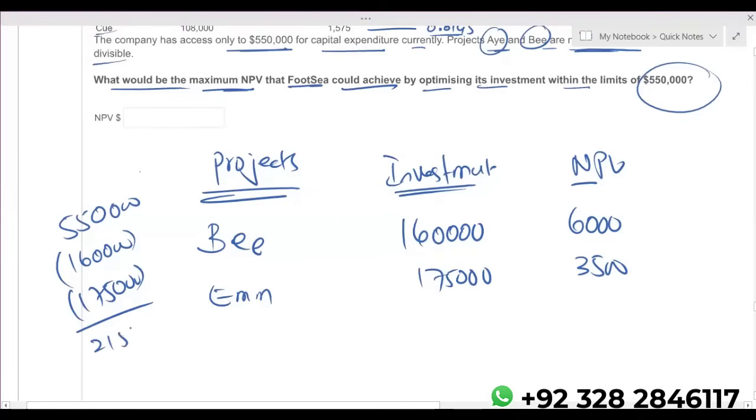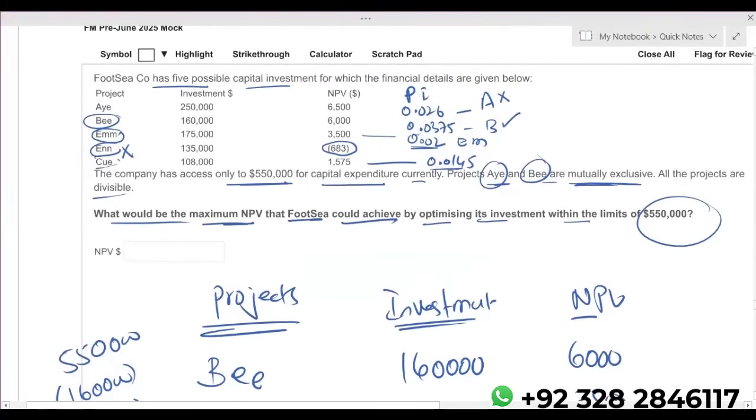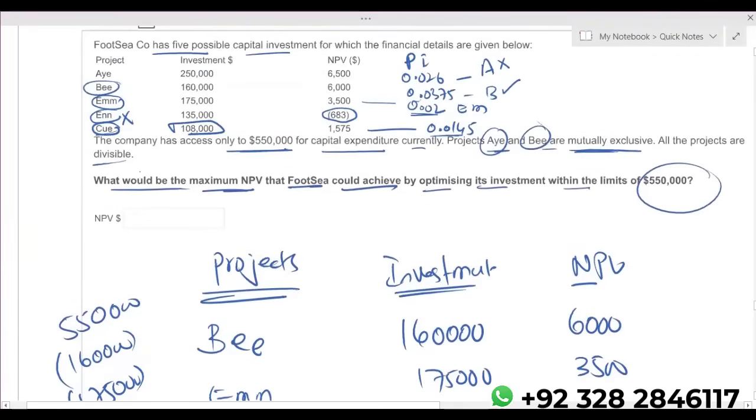We still have 2,15,000. And can I say the last project is Q, which needs only an investment of 108. And NPV will be 15.